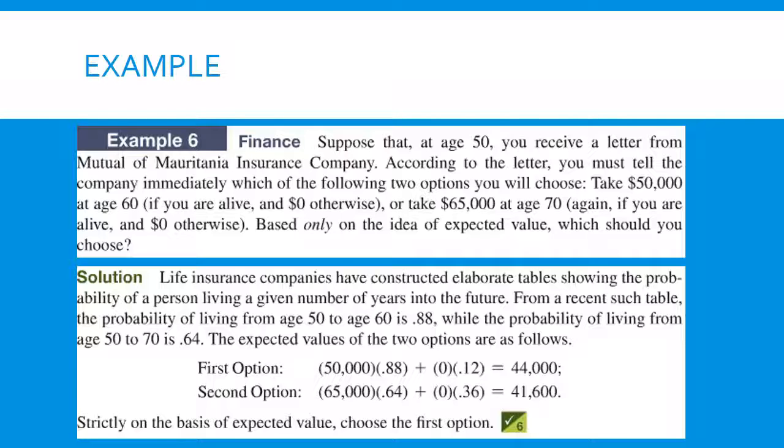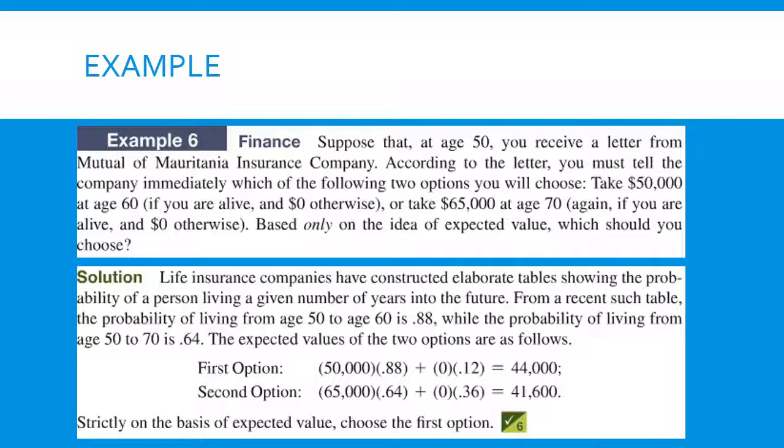Anyway, from a recent such table, the probability of living from age 50 to 60 is 0.88, while the probability of living from age 50 to 70 is 0.64. Of course, it wasn't very fair to give you the question without giving that information first. But anyway, let's see what we have here. The first option is 50,000 times 0.88 plus 0 times 0.12.